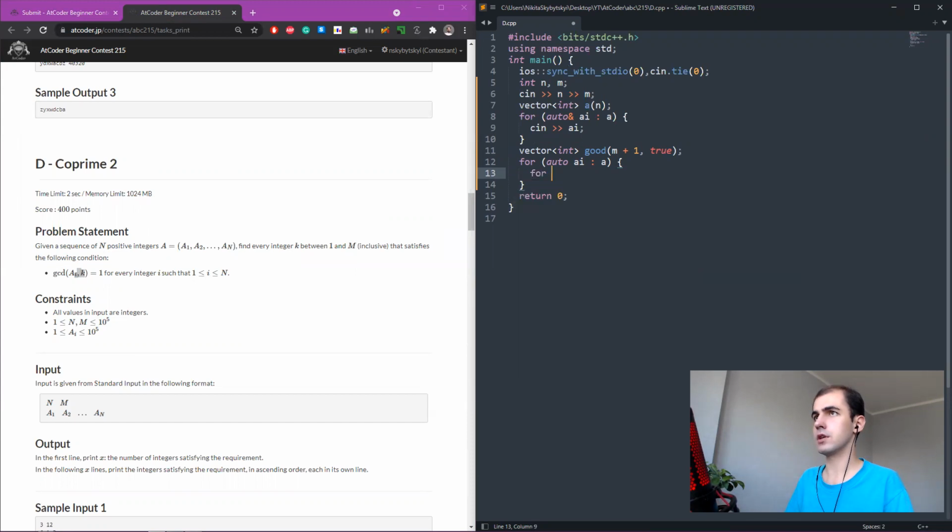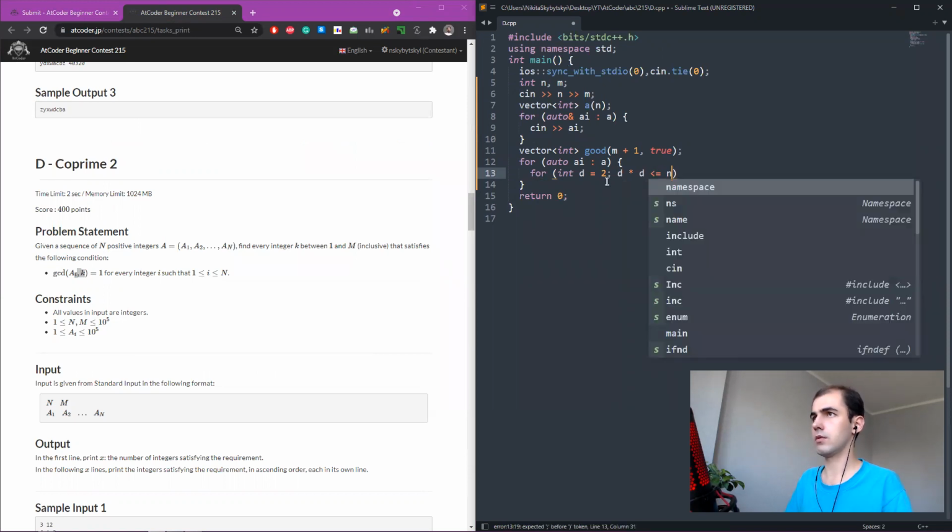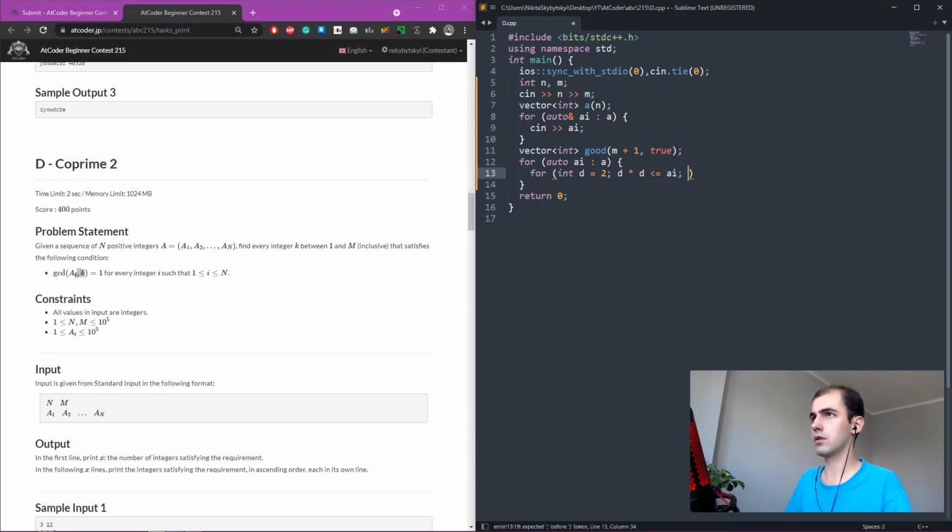So what we do is the following: we loop over all numbers d, the potential divisors, up to square root of AI.